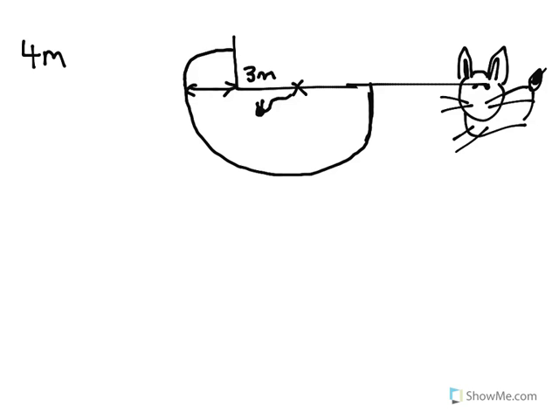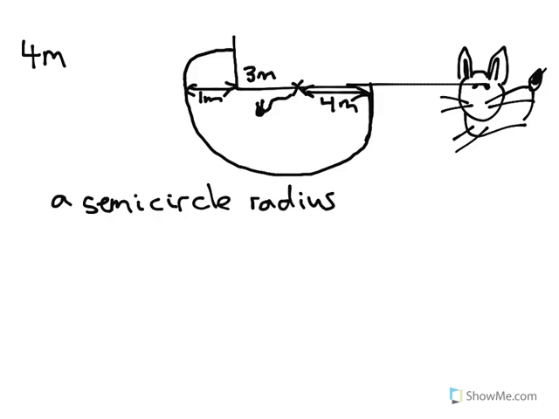So if it was to go from the outer limit here of 4 meters, and it had a 4-meter rope, so the other side I'd have an extra meter here. So what's the area of grass that the rabbit can eat? It's actually a semicircle where the radius is actually 4 meters. 4 meters on this.